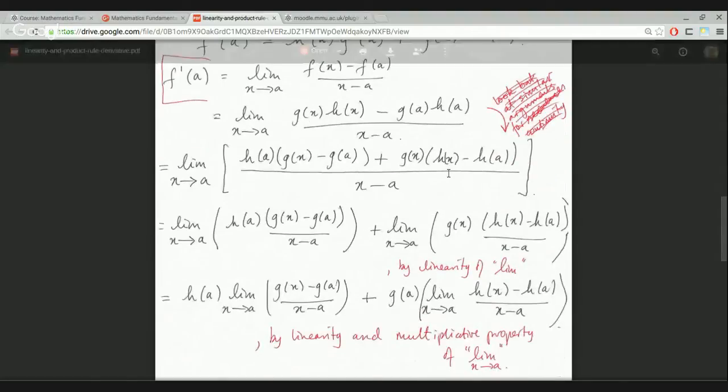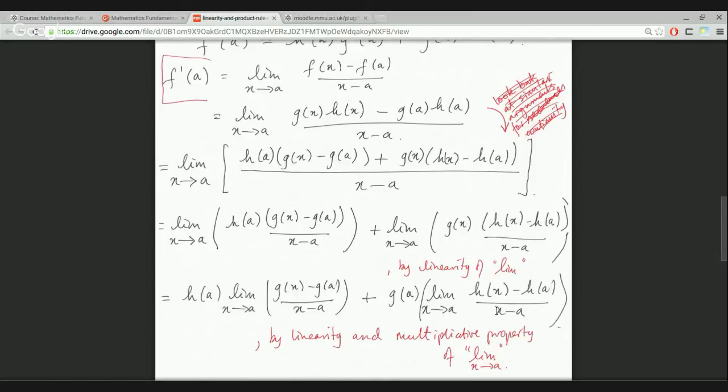Then how did the proof go after that? Well, the proof worked by separating the g from the h, until we could see this expression here, which was the derivative of g, and this one over here, which was the derivative of h. Then we could introduce those, and then we obtain the familiar product rule.